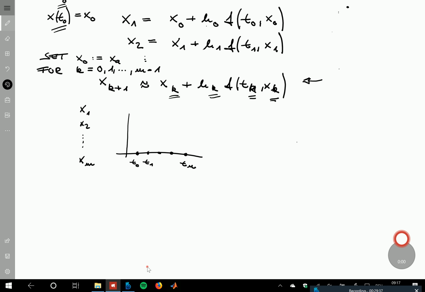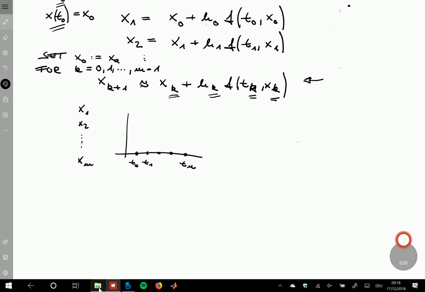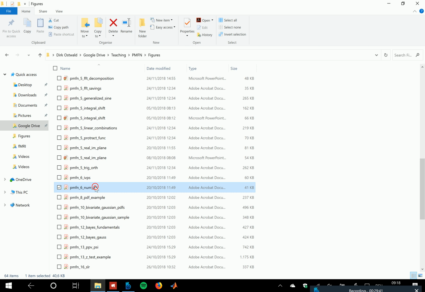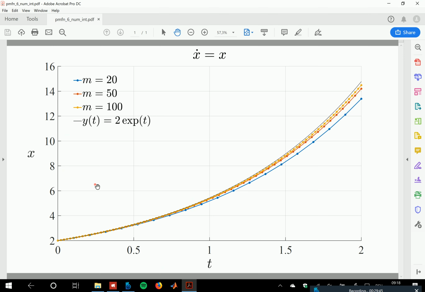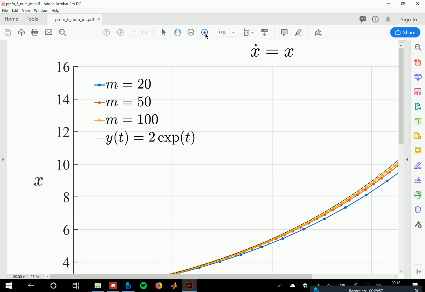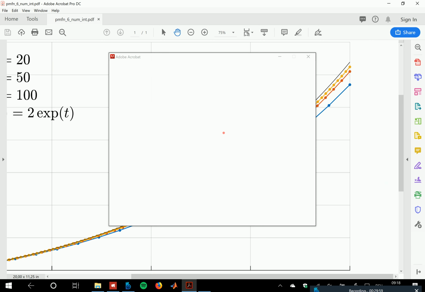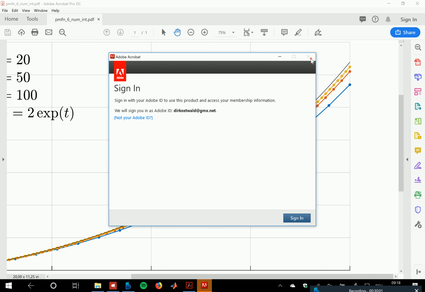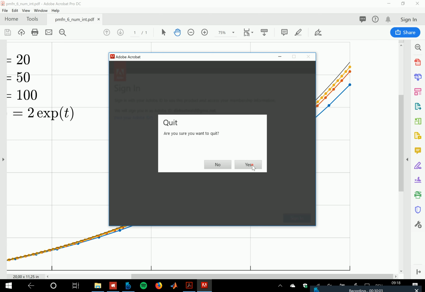So let me show you a picture, and then we can also talk questions about this. This shows four things. One thing is that it shows our 2 exponential of t function from our initial value problem.